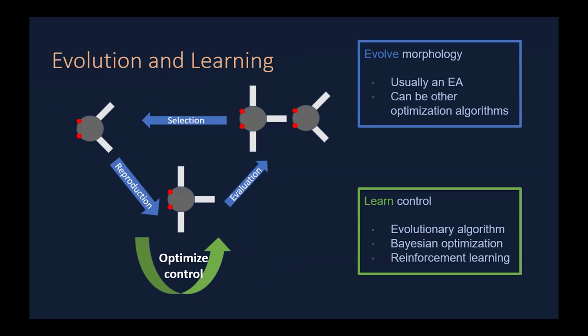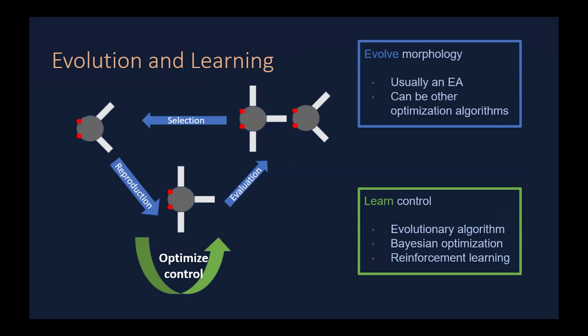This can be in basically any way that you can think of, but how I often do it is you have one loop that just evolves the morphology of the robot, just a pure evolutionary algorithm to change bodies. And then every time you create offspring, you optimize the control for the robot.